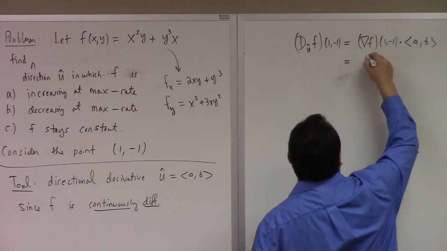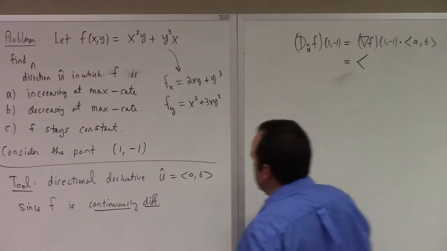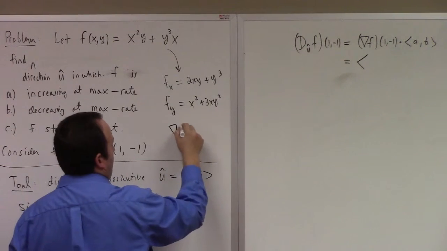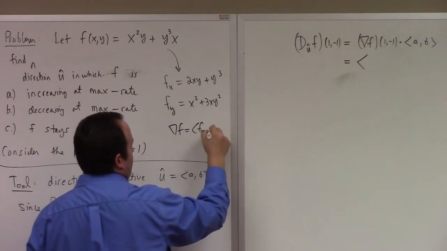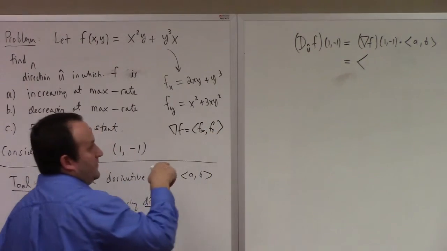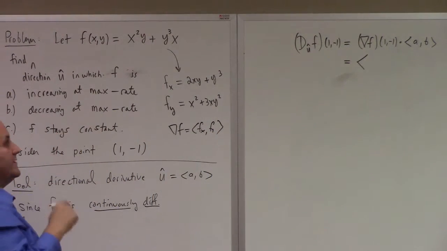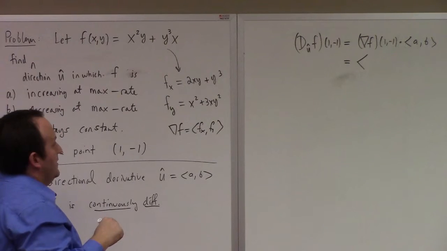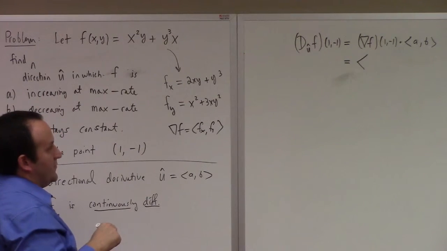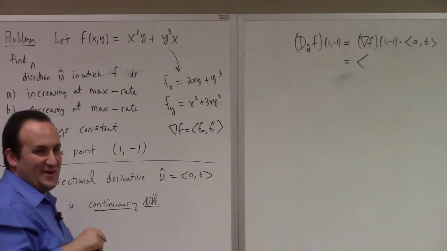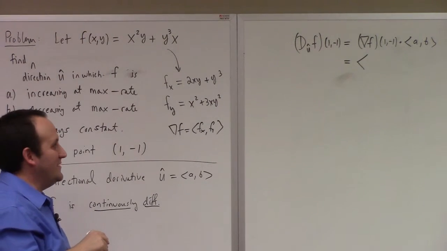So what's the gradient vector, remember? (f_x, f_y), right? So I've got to plug the point into our formula for the gradient vector. Hopefully I have not inadvertently chosen a point where it's 0. If the gradient vector is 0, we'd have to think about it some more.